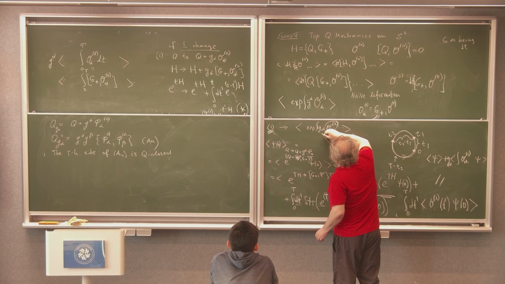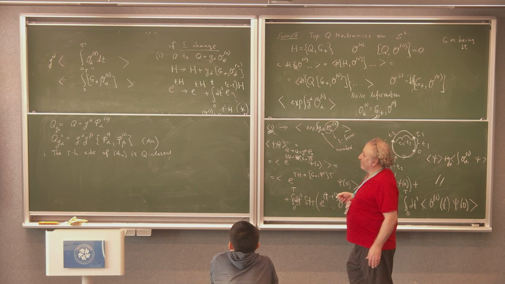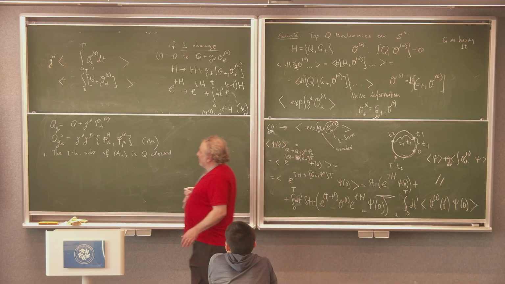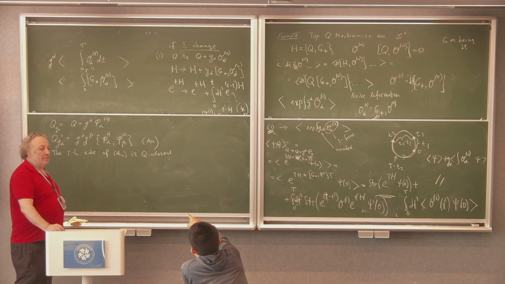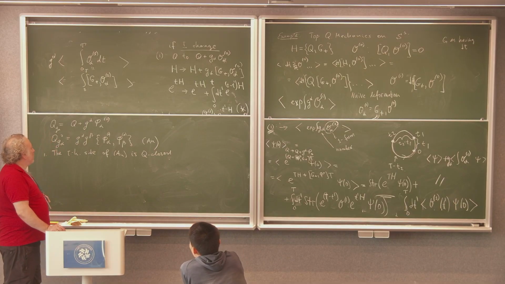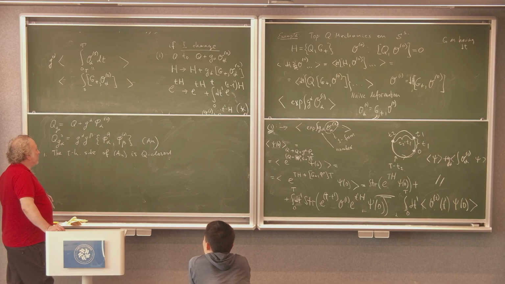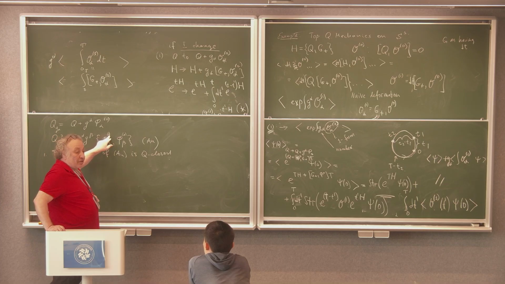And this is just a number, a parameter of deformation. But in this case, because phi 0 are 0 forms, if we assign G alpha, G beta to be odd numbers, they are zero forms, they are just operators.